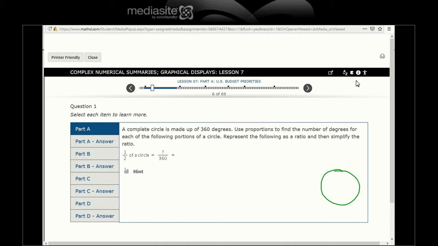Well, a couple ways we can look at this. Basically, try to find a number to put here that, when I compare it to the 360, it reduces to a half. So two ways of doing it. I can look at what I must do with 2 to make it 360.